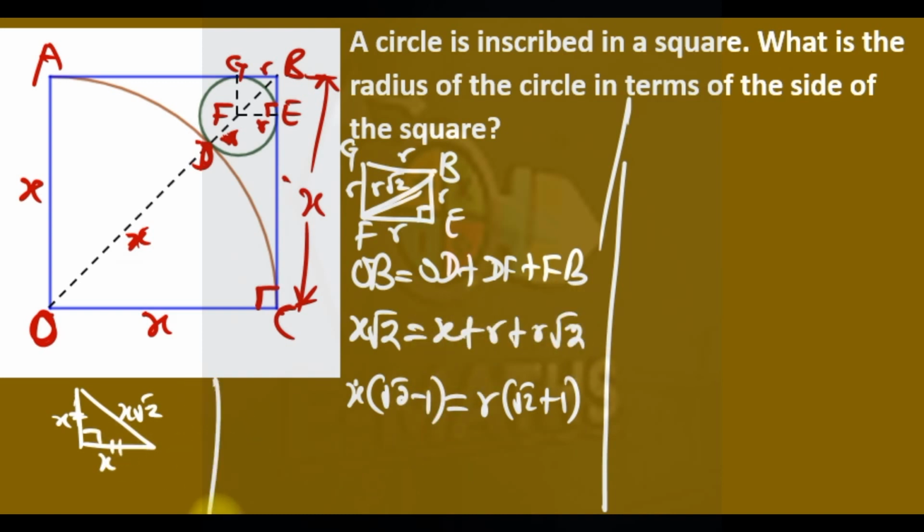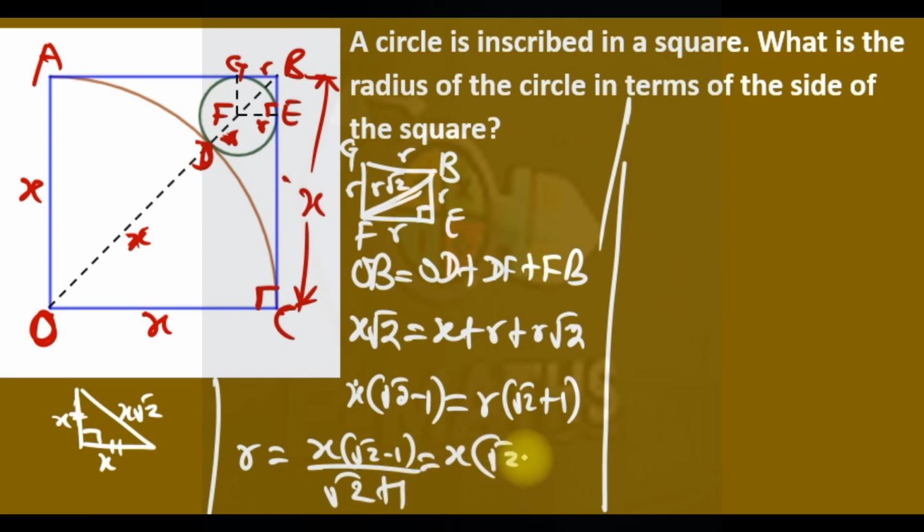Solving for R, it is now X times (root 2 minus 1) over (root 2 plus 1). If you rationalize this by multiplying by the conjugate, root 2 minus 1, we have X times (root 2 minus 1) squared.